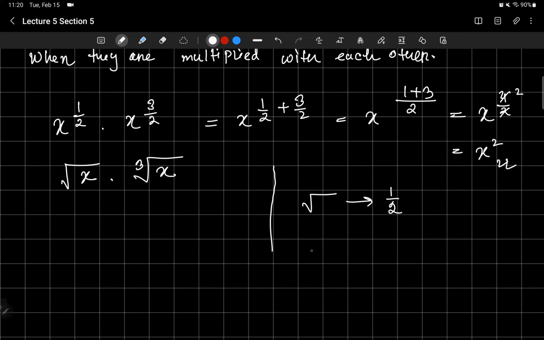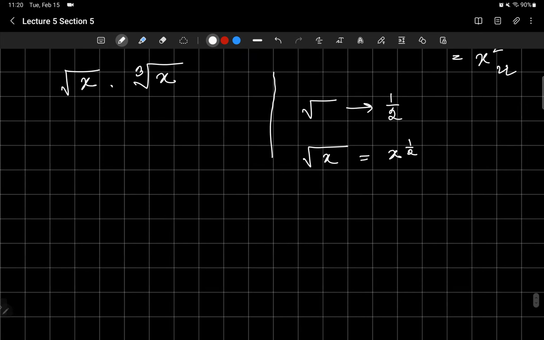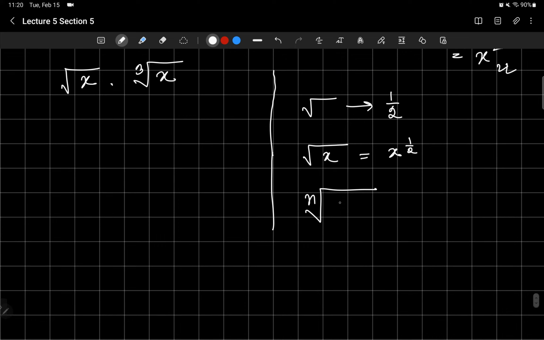That means if you have any variable or any number inside a square root, this means taking the power half of that thing, or taking the square root. And in general, if you have an nth root, let's say this is y, this will mean y to the power 1 by n.